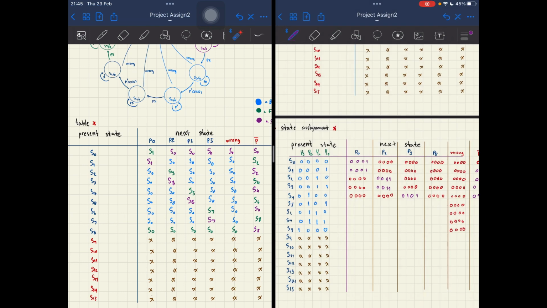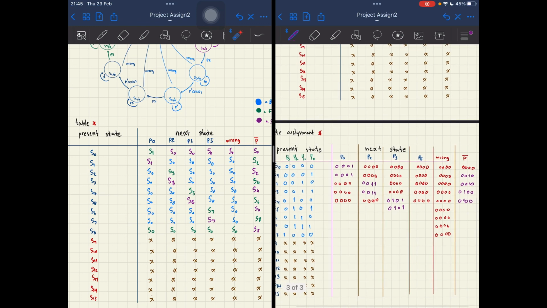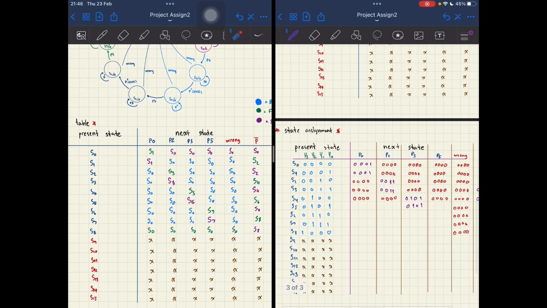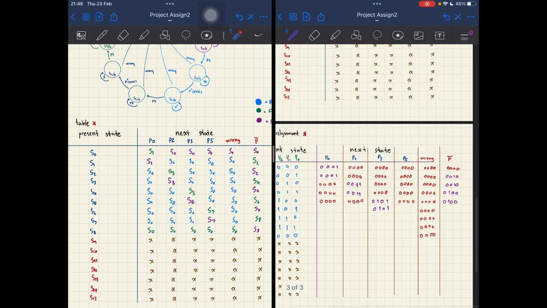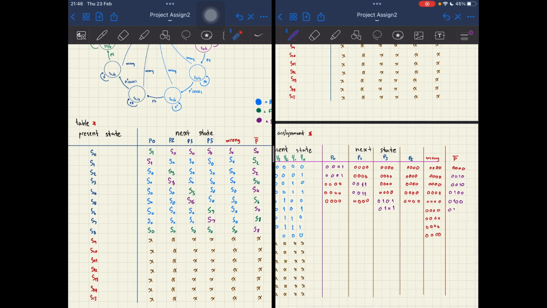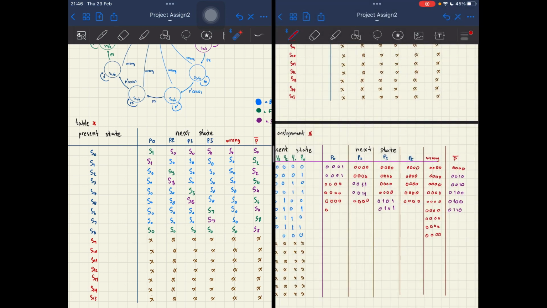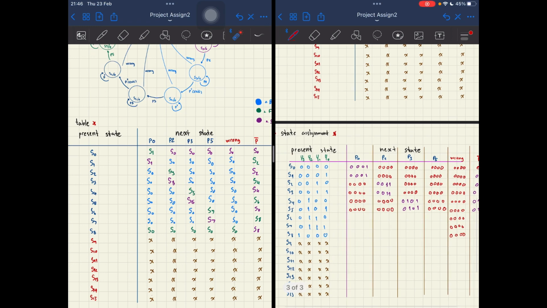If you press 3, it is 0, and then if you leave the button you will transition to S6, which means 0 1 1 0. Any other thing is 0. And then we are now at state 6.